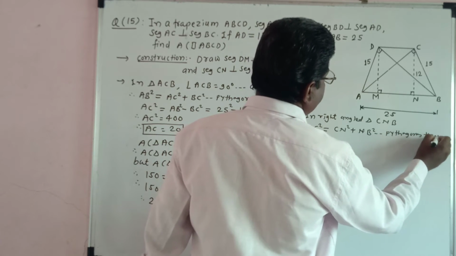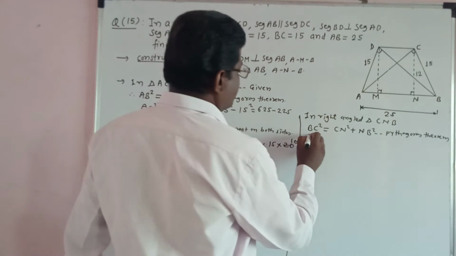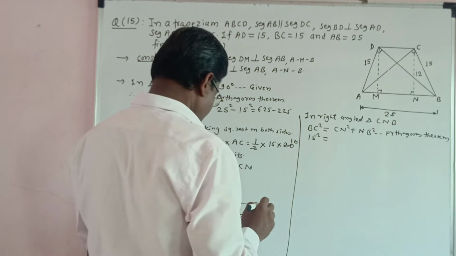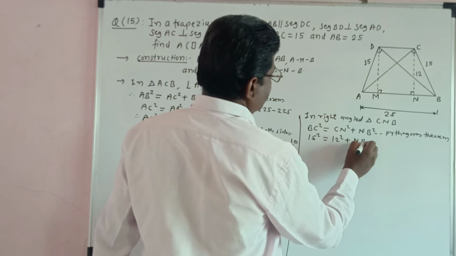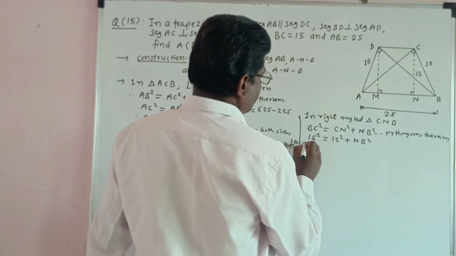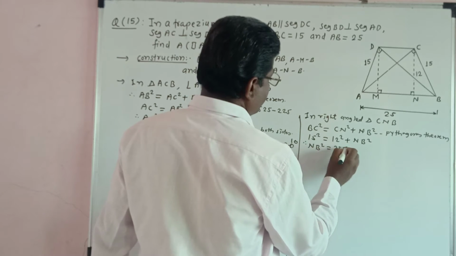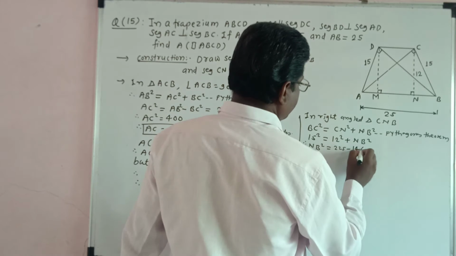Therefore, BC square, that is 15 square, is equal to CN square, where the value of CN is 12, so 12 square plus NB square. Therefore, NB square is equal to 15 square, which is 225, minus 144.